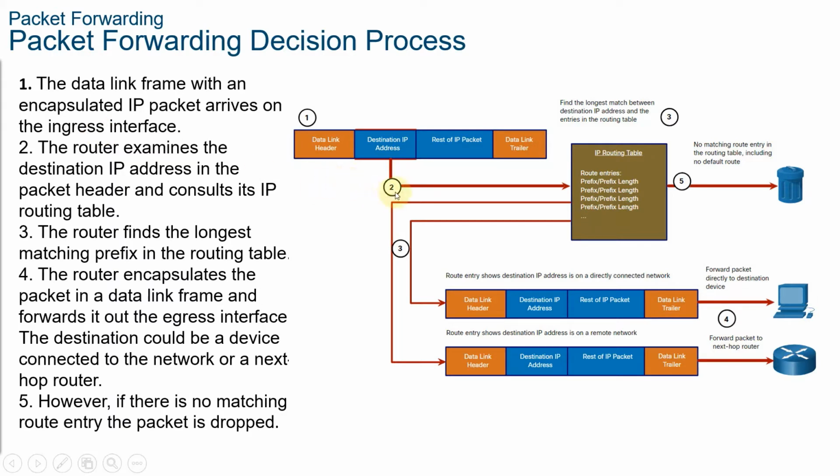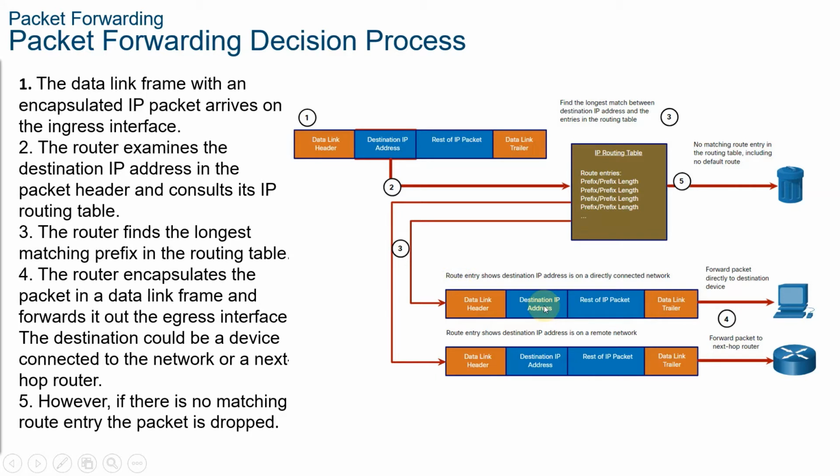Second, the router examines the destination IP address in the packet header and consults its IP routing table. Third, the router finds the longest matching prefix in the routing table.